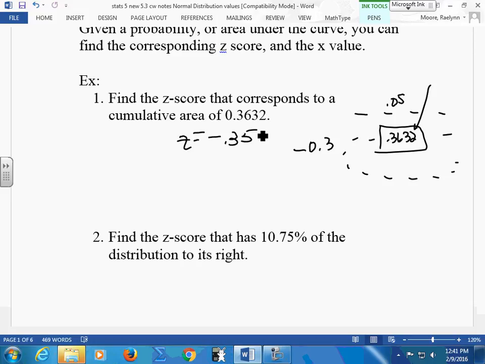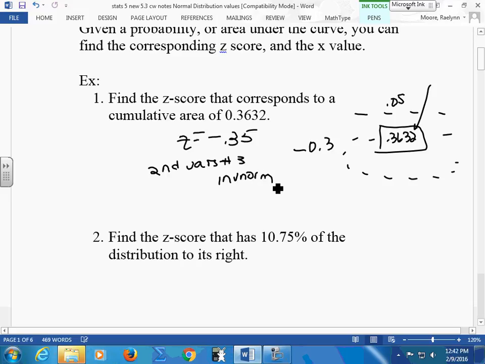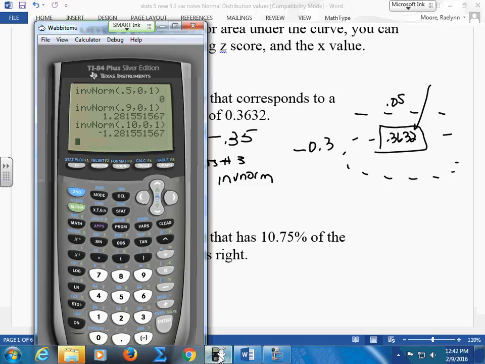So instead, we have a little calculator one for this. So in your calculator, if you do second pairs, number 3, inverse norm. This says, let's do the opposite of what you normally do. Let's take your area and find your z-score instead.